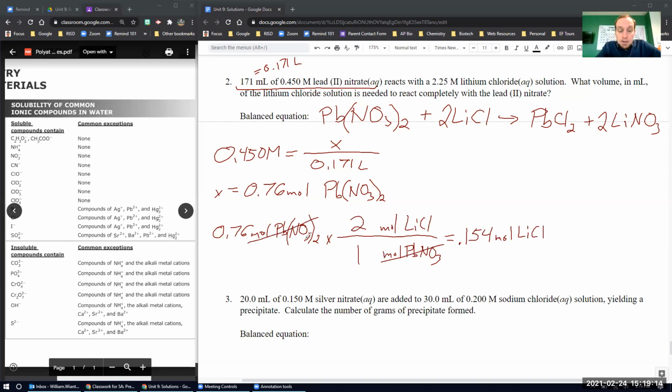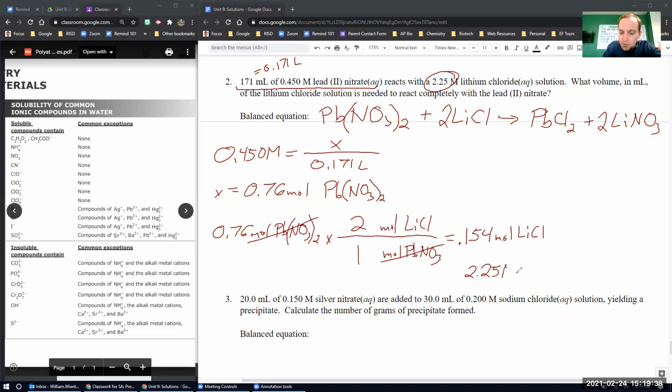Okay, so we just converted from moles of lead 2 nitrate into moles of lithium chloride. Now, the last thing I want us to do, another step, is what volume in milliliters of the lithium chloride solution is needed. So what we need to do now is our molarity. So we know that molarity is right here.